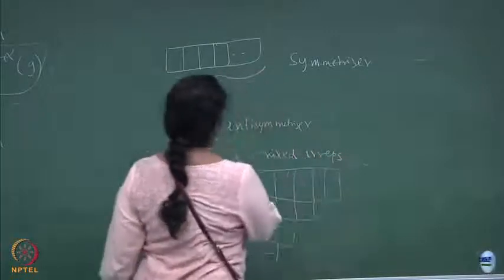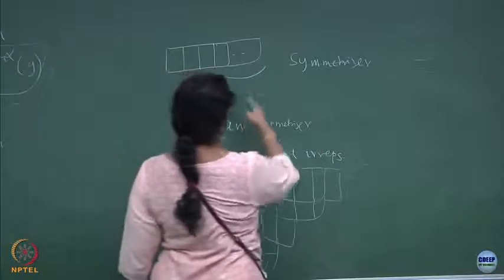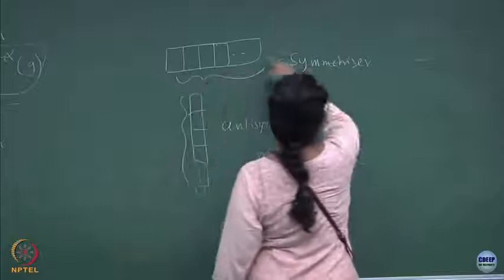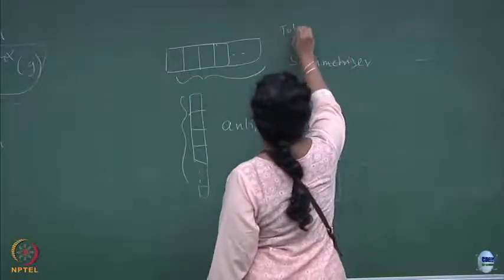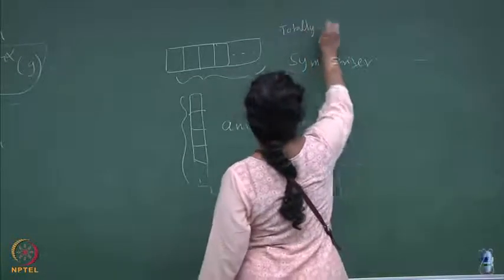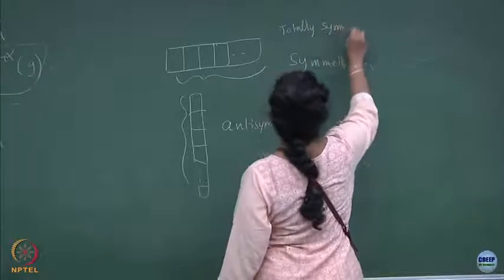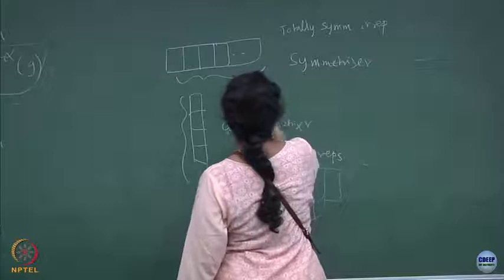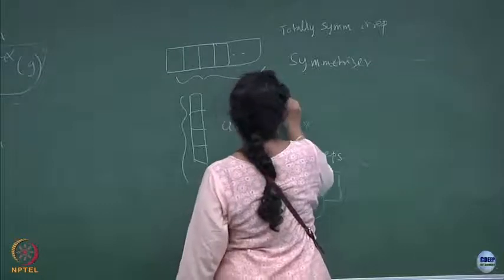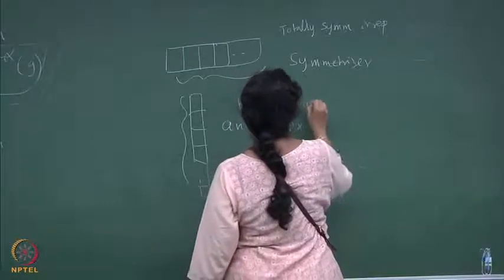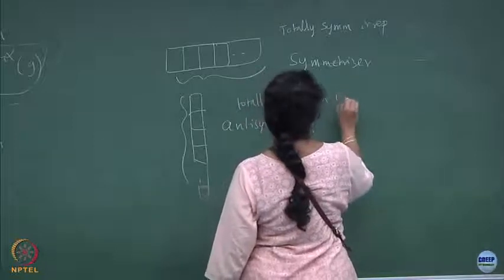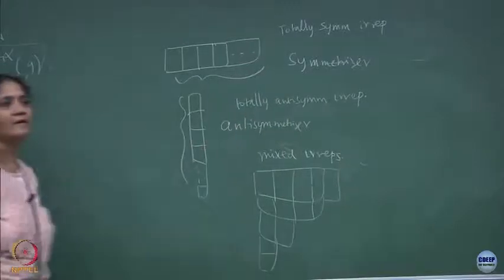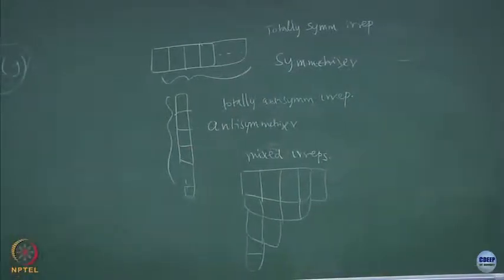Okay. So, this is antisymmetric irrep. This procedure is called symmetrizer. So, I can say that this is totally symmetric irrep, this is totally antisymmetric irrep, and this is some mixed irreps. Okay.